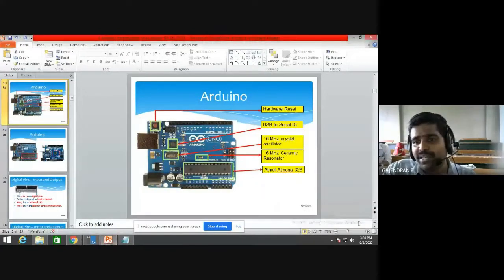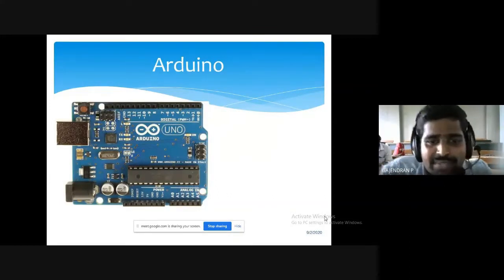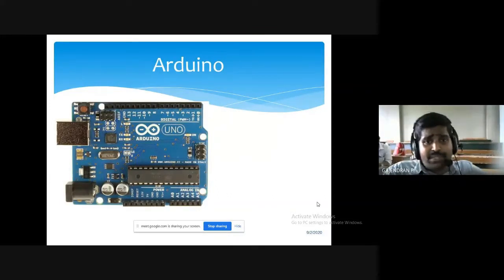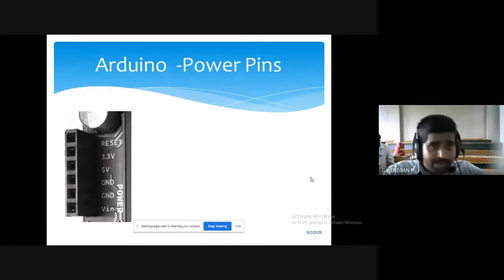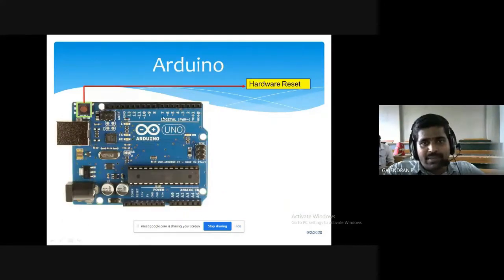Now you come here. This is your Arduino board. What are the things we have seen? We will see them here one by one clearly, and some additional points also. First, the new thing, please make note of it: the hardware reset pin. If you keep your Arduino board in landscape, the top corner has the reset button.